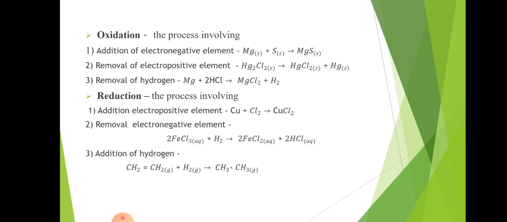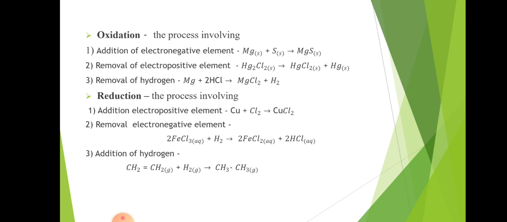Then the third definition of oxidation is the process involving the removal of hydrogen. Now, the example is that magnesium combines with hydrochloric acid and forms magnesium chloride and hydrogen.